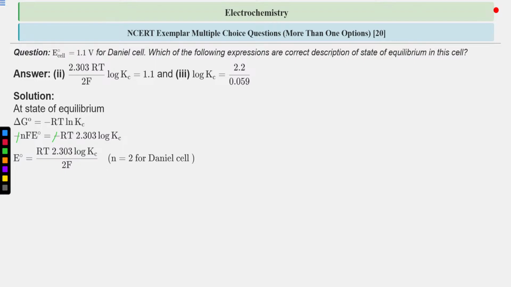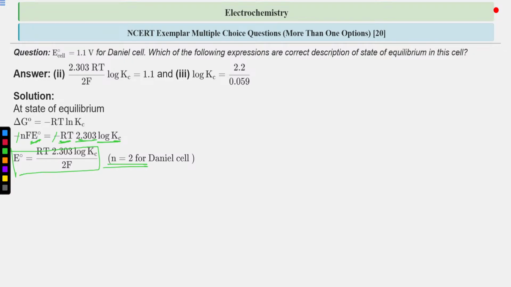So E naught will be equal to RT multiplied by 2.303 log of Kc, and n times F will come in the denominator. For the Daniell cell n equals 2, because 2 electrons were contributing in the redox reaction which is happening in the Daniell cell. So this is the equation for E naught we just derived at the equilibrium, remember.